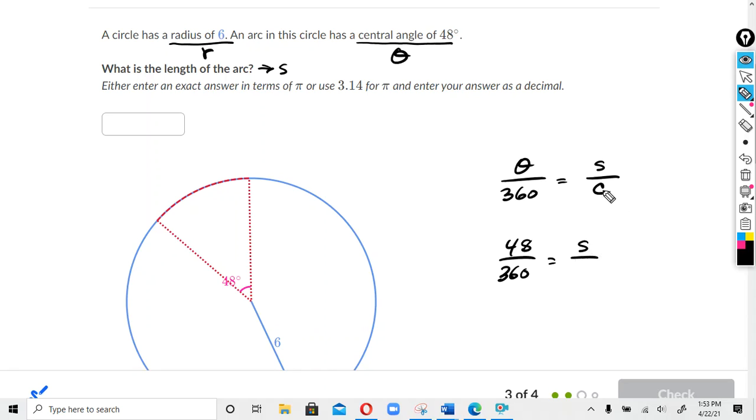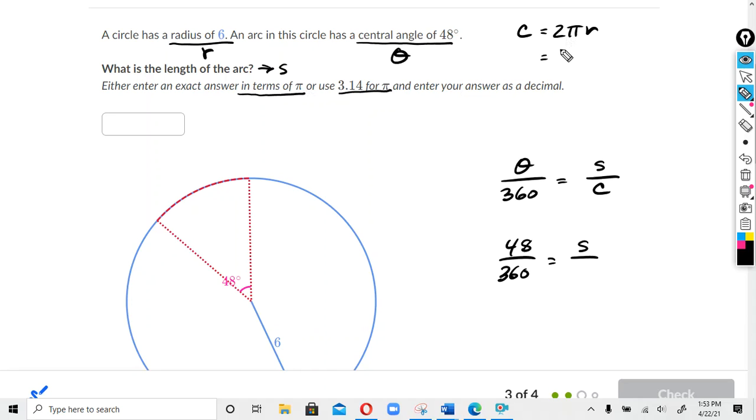For the circumference C, we have to find that from the radius. Remember that C equals 2 pi r. You can use 3.14 for pi, or you can just leave it in terms of pi. I would say that's the easier way. So I'm going to leave pi alone.